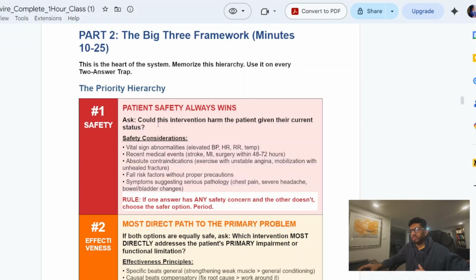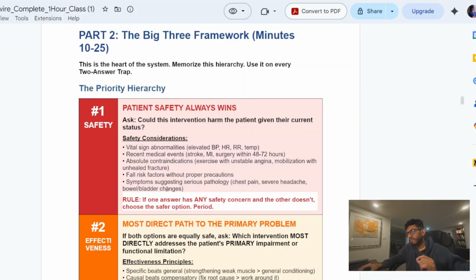When you think about the safety hierarchy, you are thinking about vital sign abnormalities, or recent medical events like stroke, MI, or surgery within 48 to 72 hours. Or you're thinking about absolute contraindications like exercise with unstable angina, mobilization with an unhealed fracture, or fall risk factors without proper precautions.